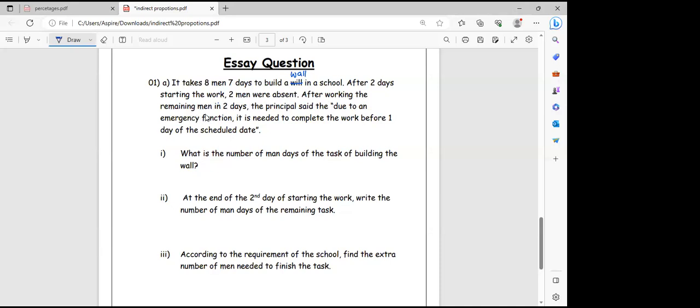After working with the remaining men for 2 days, the principal said that due to an emergency function, it is needed to complete the work 1 day before the scheduled date.